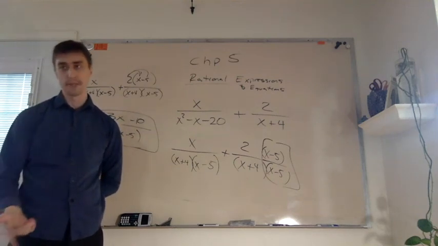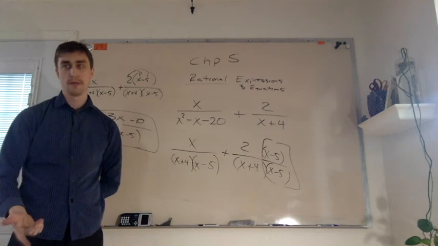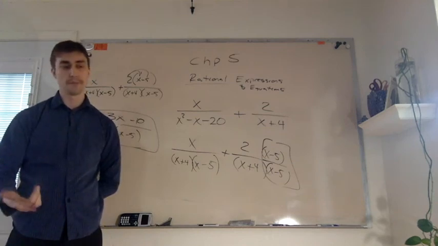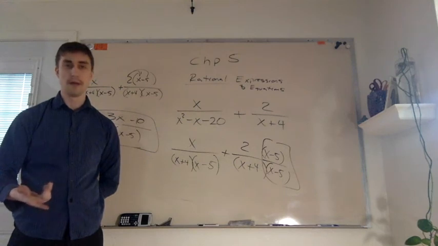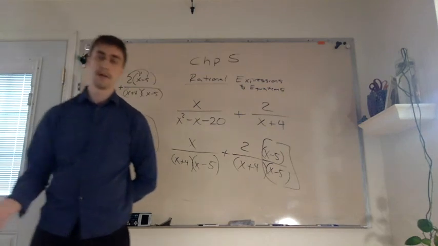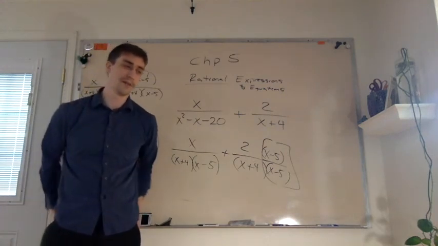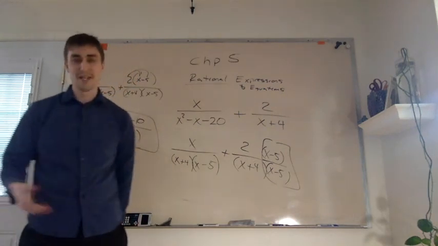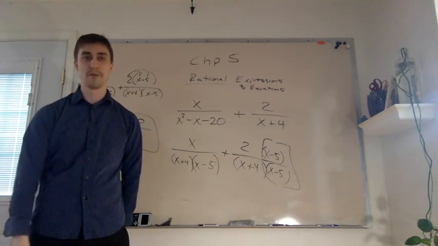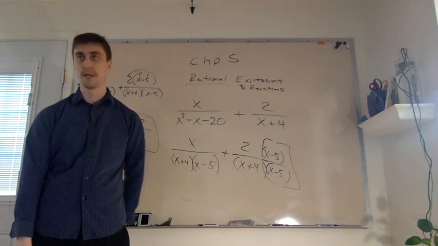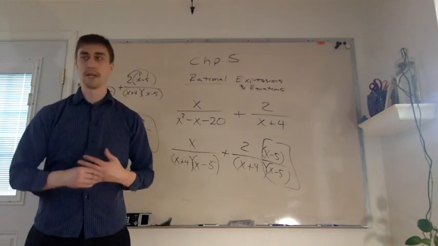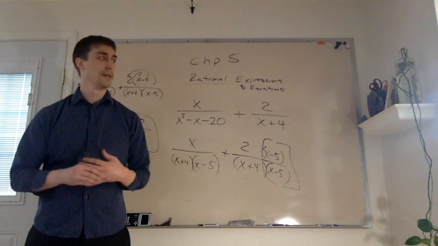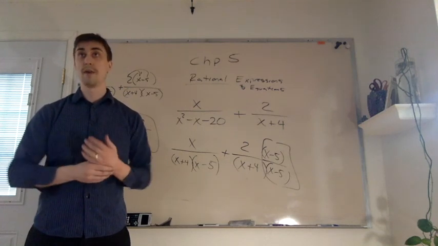5.3 is polynomial division, which is a real staple of algebra. If anybody's going to go on to take college algebra, you definitely need to know how to do polynomial division. If anybody's going to go on to do calculus, it comes up. It's not like you'll never be able to pass calculus without polynomial division, but it comes up from time to time if you keep studying math or go into some kind of calculus-heavy degree like engineering, where you have to take higher level math classes.